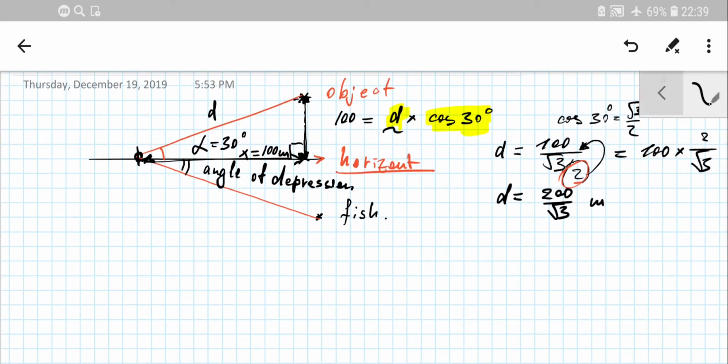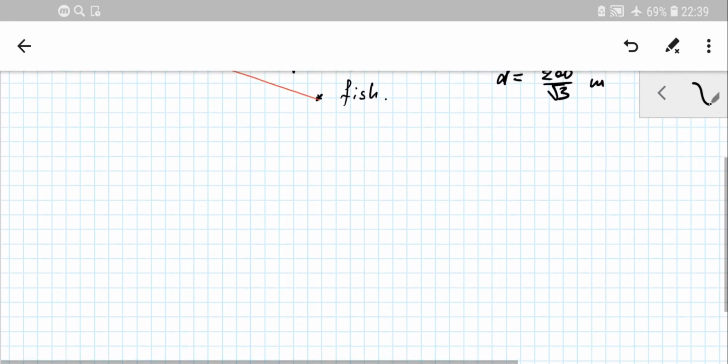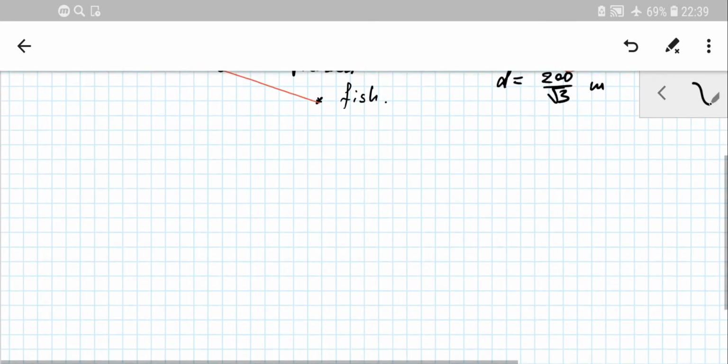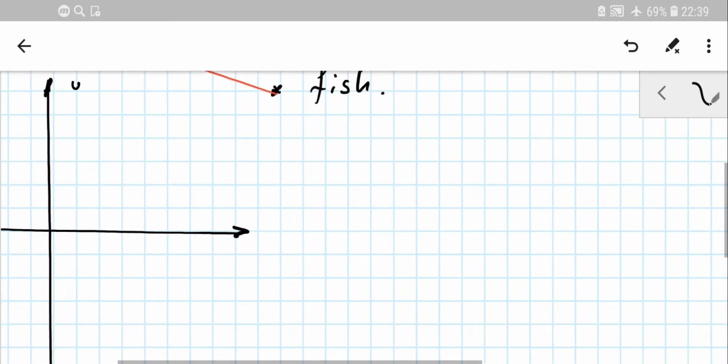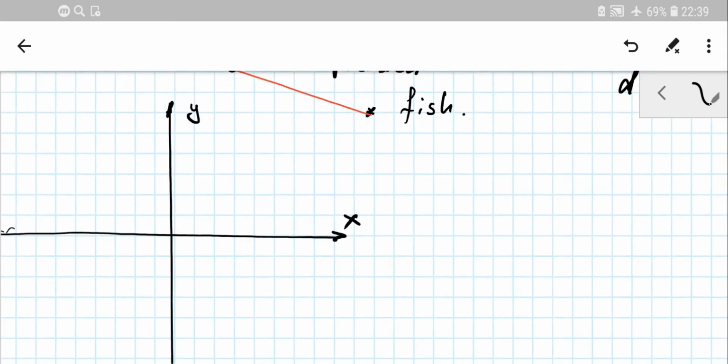Okay, so let's say we have a straight line. Let's put it here. That's the y-axis, and here we've got the x-axis. So we have a straight line, let's say, that goes through the following points: 4 here, and -3 here.